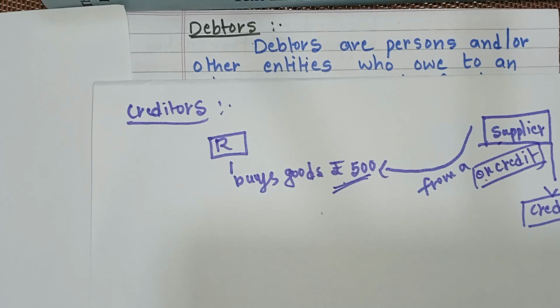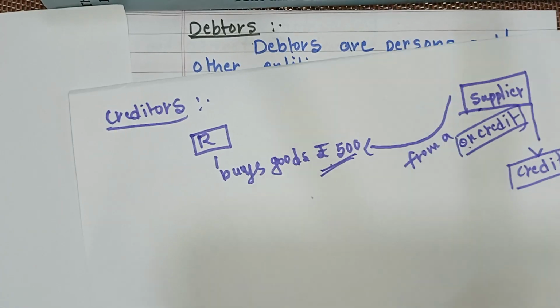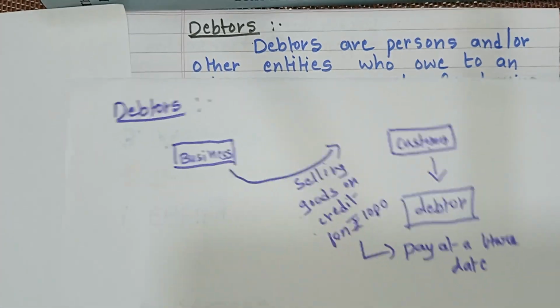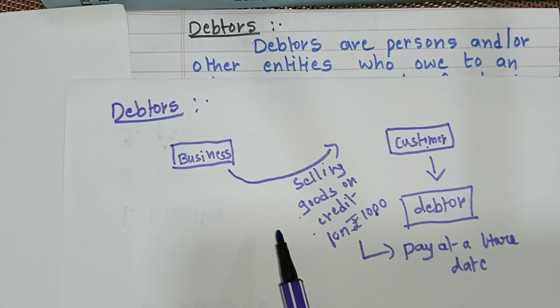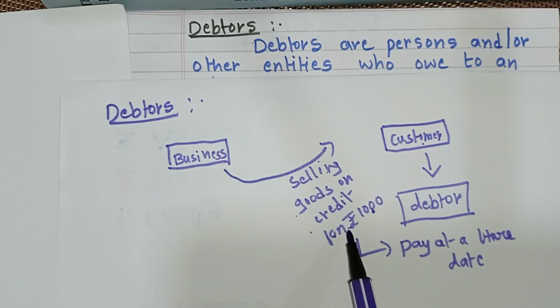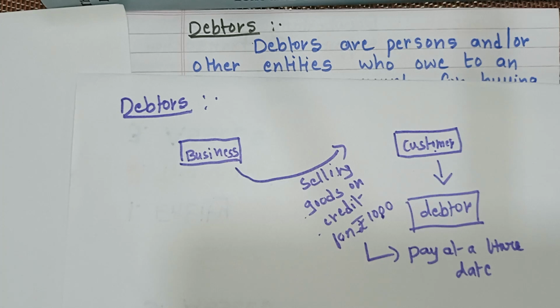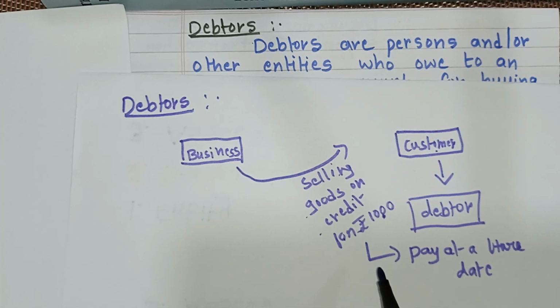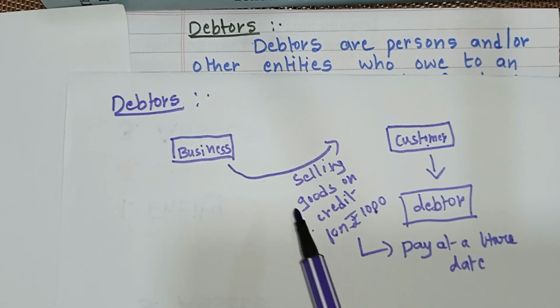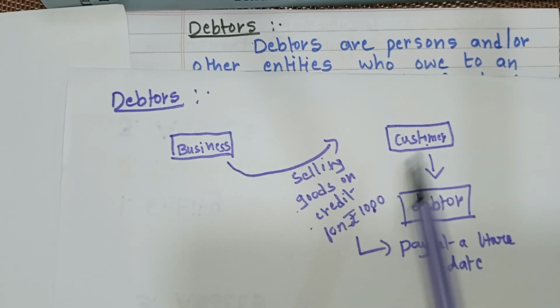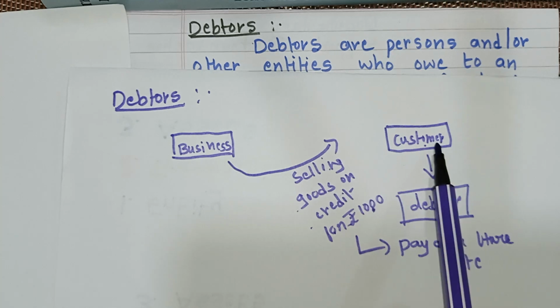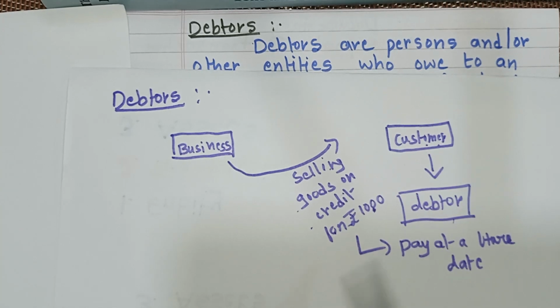Debtor means who? If you run a business and you sell goods on credit for rupees 1000 to a customer, and the customer will not make the payment immediately, here the customer becomes the debtor.